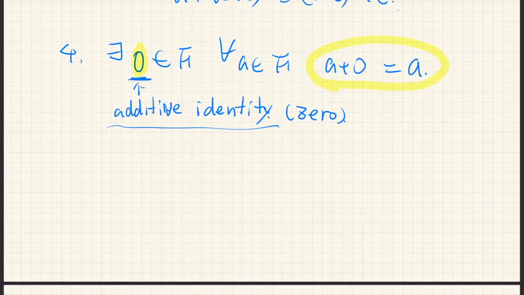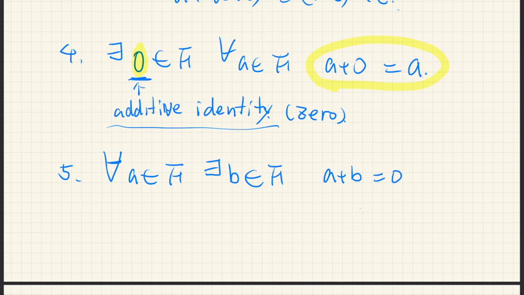And next is the existence of the additive inverse for each element. So for each element A in F, there exists some element B in F such that A plus B is equal to 0.